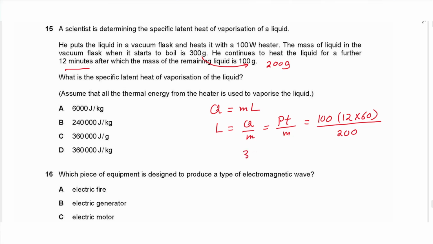The answer is 360 joules per gram, but all the answers here have units joule per kilogram except this one, and it's not equal to the number we calculated. So if 1 gram takes 360 joules, 1000 grams, which is 1 kilogram, would take 1000 times greater. So the answer is D, 360,000 joules per kilogram.